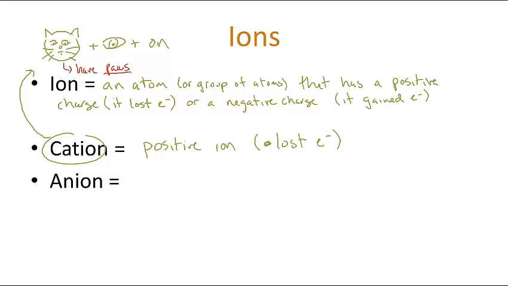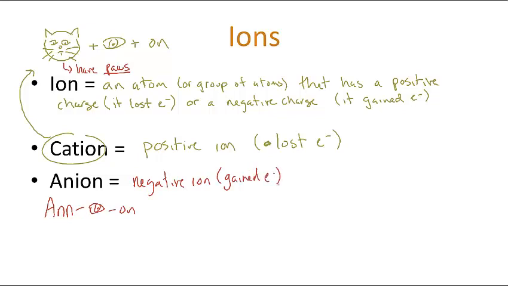Ah, spectacular. The word below is not anion. It is an-ion. I'm not going to draw a picture of that, I don't know how I would do that. So, anion. And this is a negative ion, which means it has gained electrons.